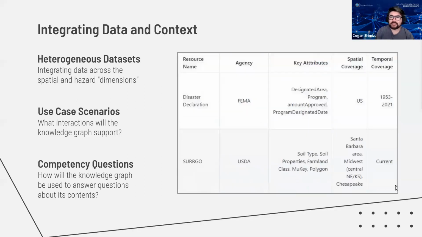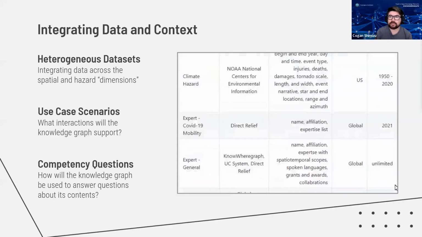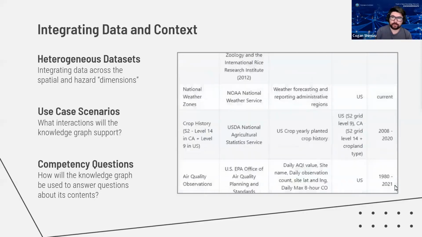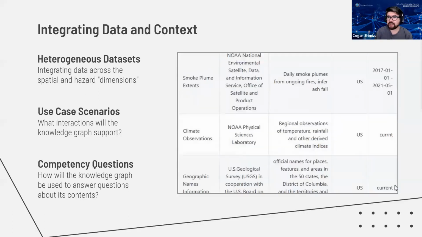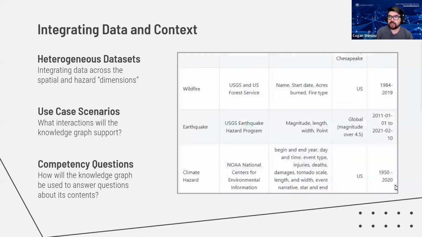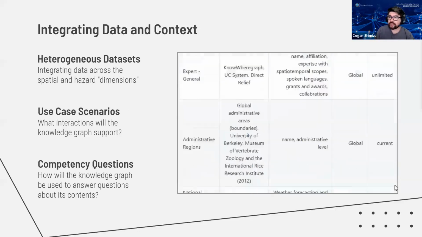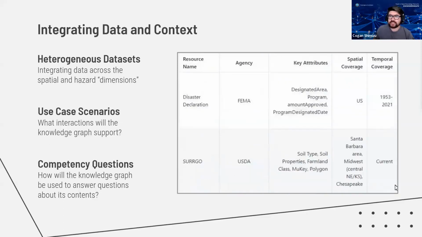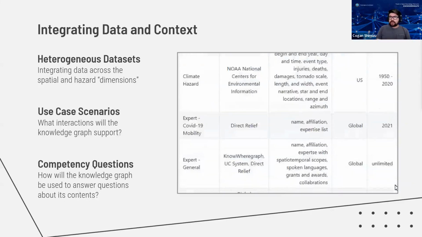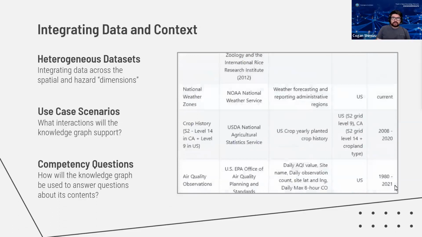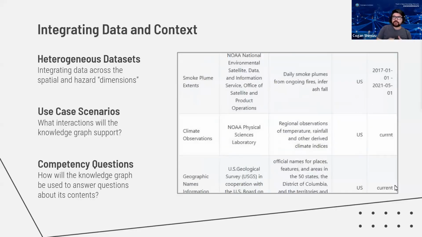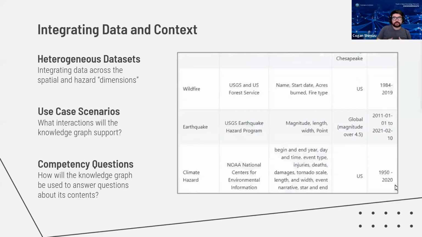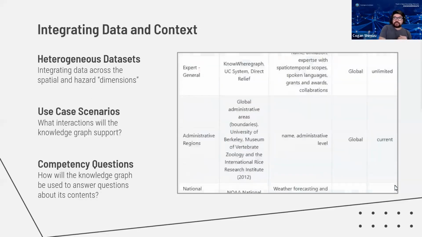Many of the data sets that we want to integrate are heterogeneous in both format, which is a software engineering problem, and conceptualization, which is more of the knowledge engineering problem and really the focus of what we want to talk about today. So for example, consider the Nowhere Graph, right? It integrates data sets across two main concepts, spatial or placial information and hazard information.